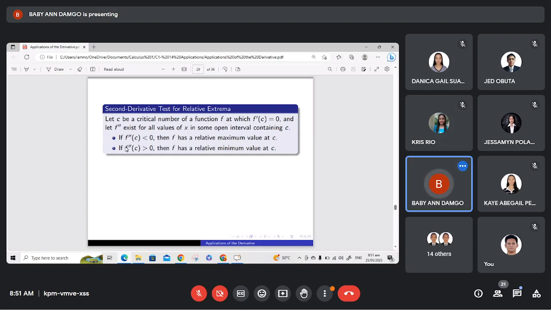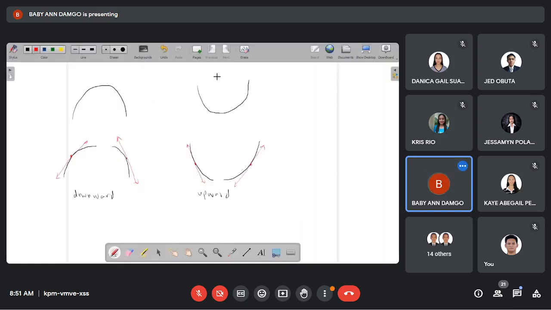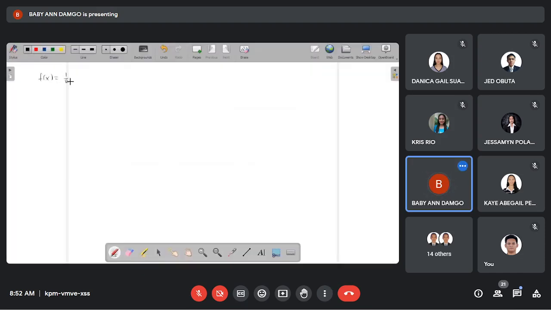For example, to understand, plot the graph of f of x equal to 1/4 x squared minus x plus 2. First, find the first derivative.